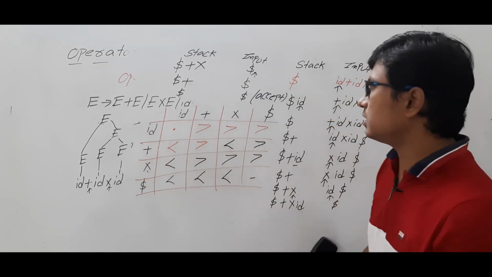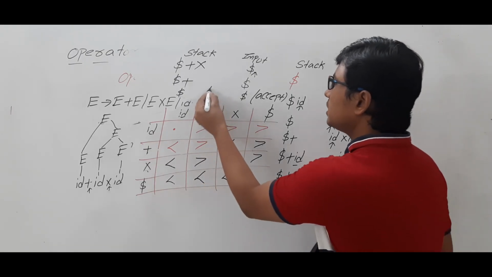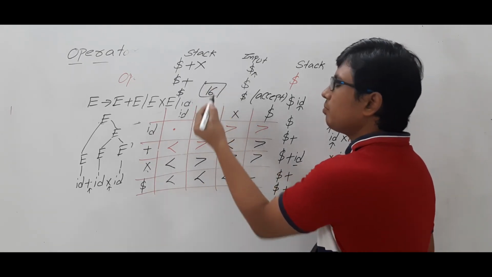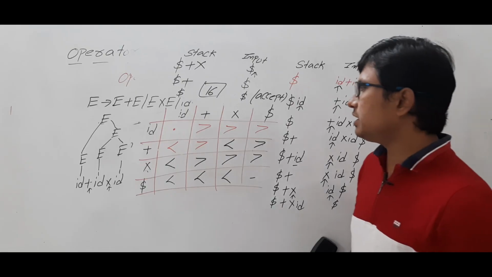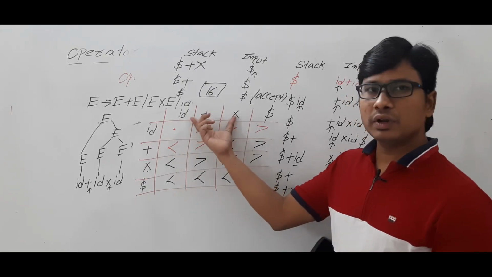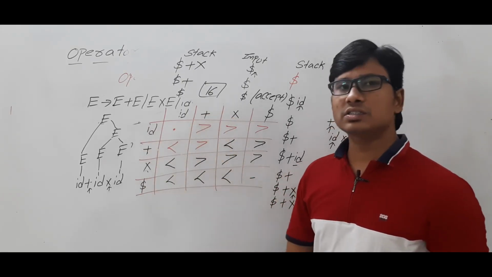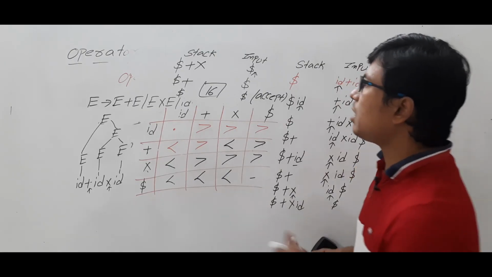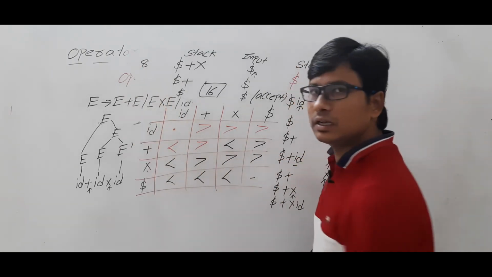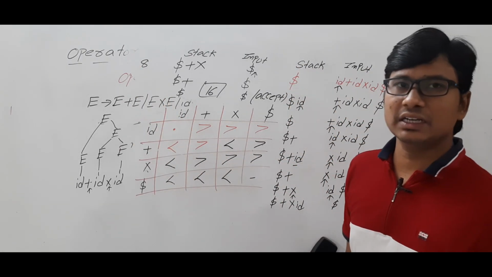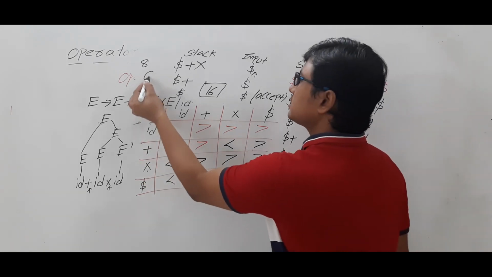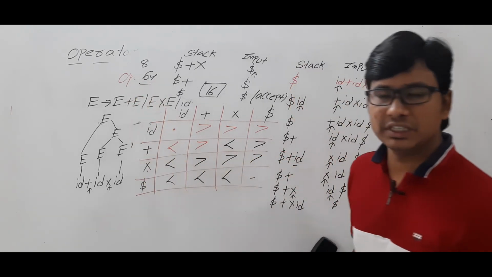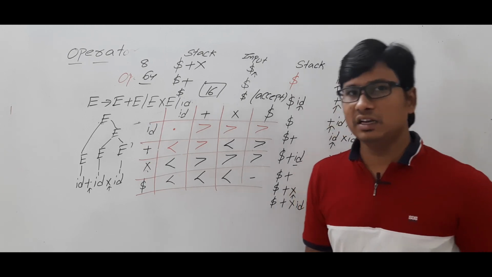So in total we got 16 entries in the operator relation table. Meaning that I have 4 terminals, so I got 16 entries. If I have 8 terminals, how many entries will I get in the relation table? I will get 64 entries.